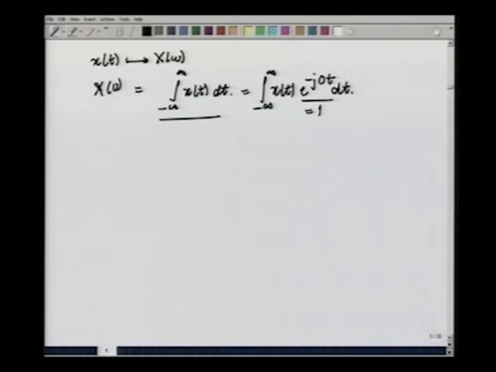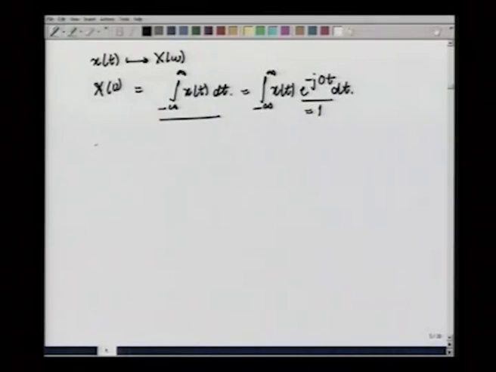Now, what we are going to do is this: given any signal, it can be divided into two parts. The part which has 0 average value and the rest, the average value. So, let me put it like this.